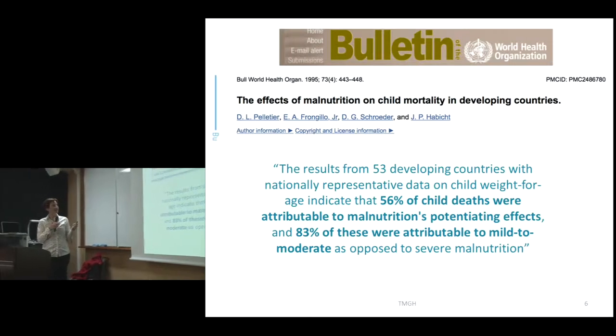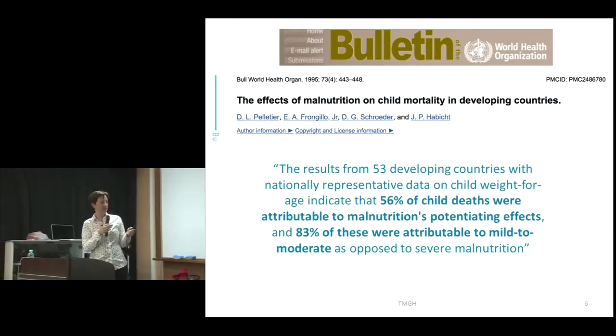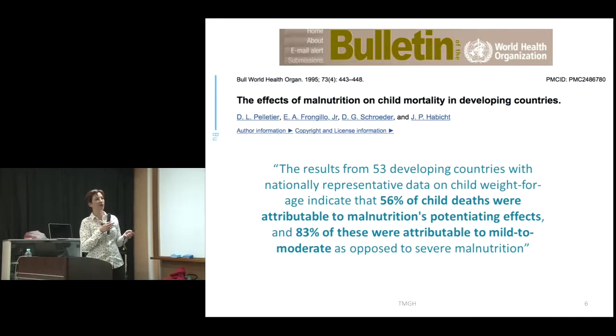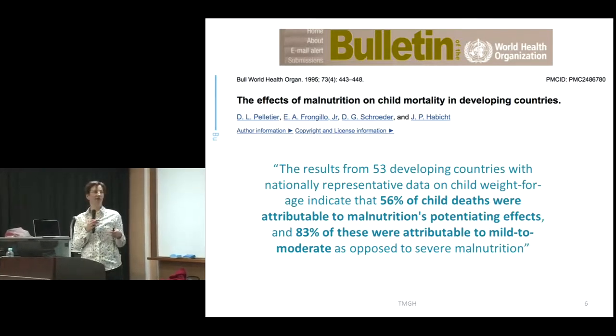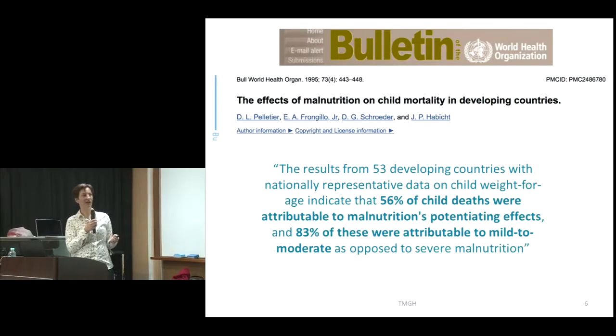But this is 1995, where they did an analysis on the contribution of malnutrition to under 5 mortality. Here they looked at 53 developing countries and nationally representative data on child weight for age, which is not the ideal, but that was what's most available, and indicated that 56% of child deaths were attributable to malnutrition's potentiating effects.